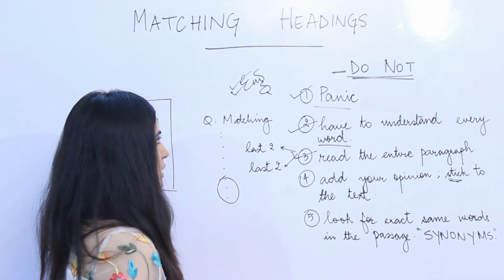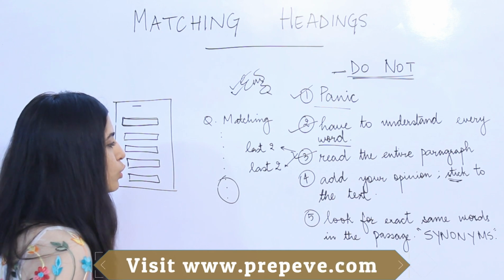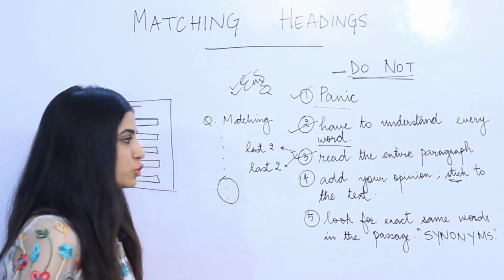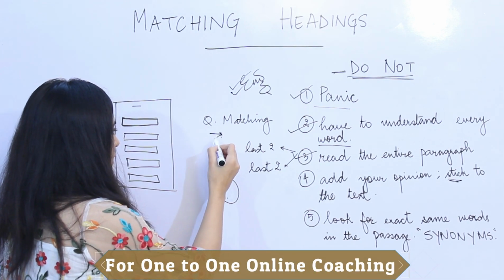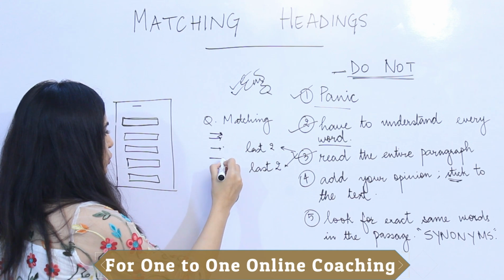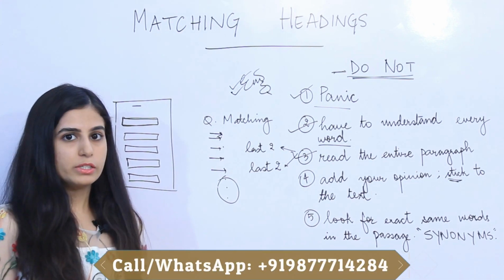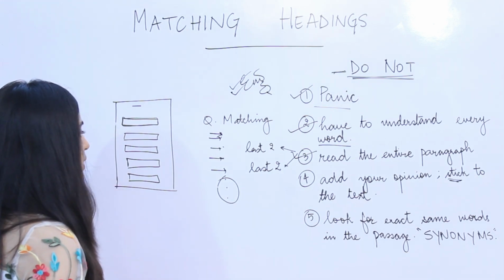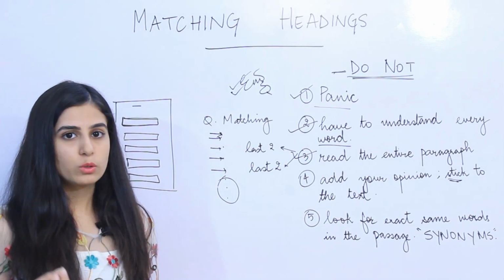Last but not the least, under the do nots, you have to not look for the exact same words in the passage. The titles that are given to you in your question paper would have some words, and if you underline those words as keywords and start looking for them in your passage, chances are you won't find those exact words.